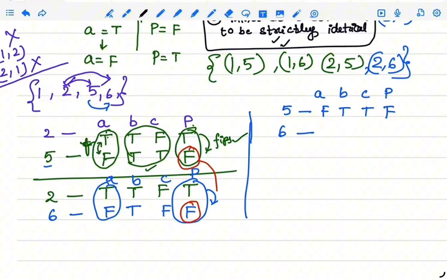Both are similar values. That is P is not flipped. Predicate is not flipped, and A is false in both. Minor clauses don't matter. So 5, 6 is not a CACC pair.